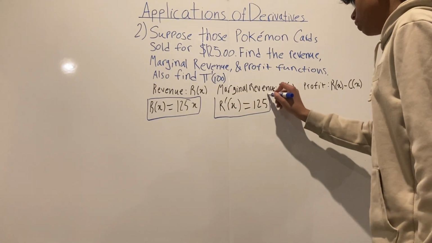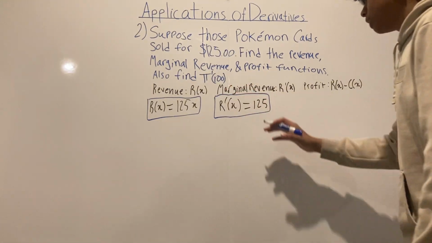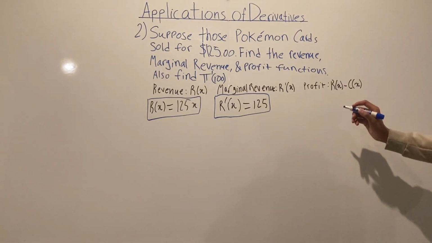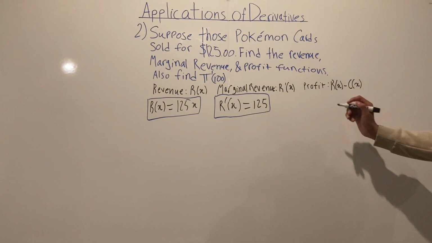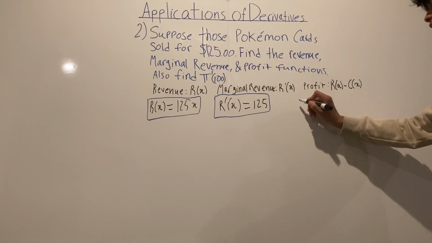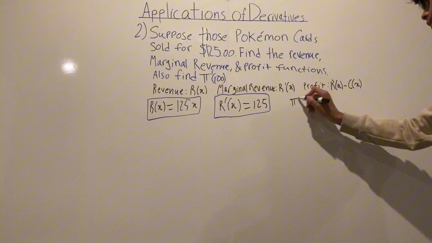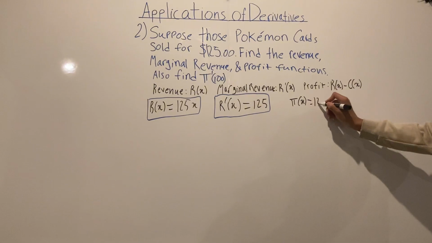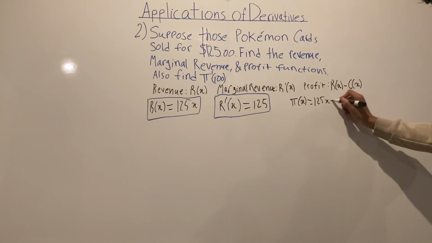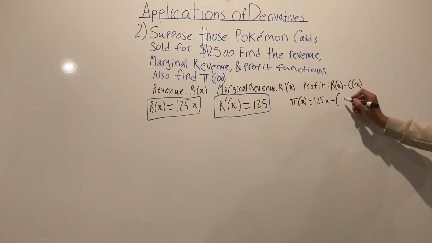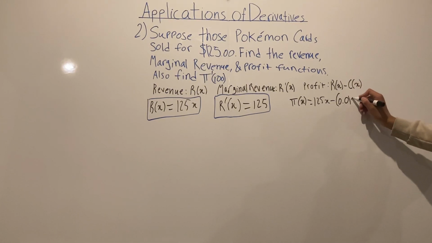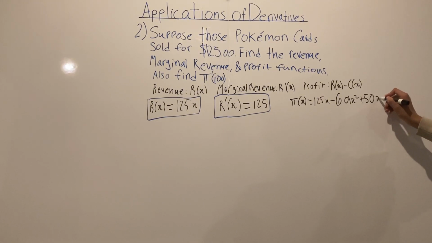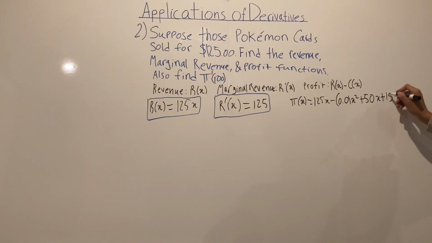And the marginal revenue has the exact same interpretation as the cost function, except for revenue. And the profit we're going to say as pi of x. So pi of x equals the revenue function, 125x, minus the cost function, which was 0.01x squared plus 50x plus 1,500.